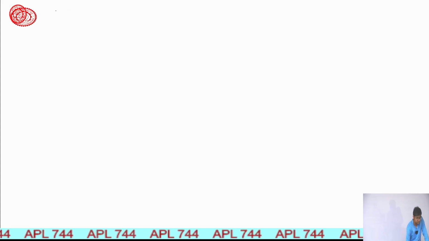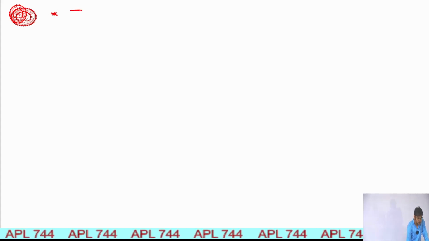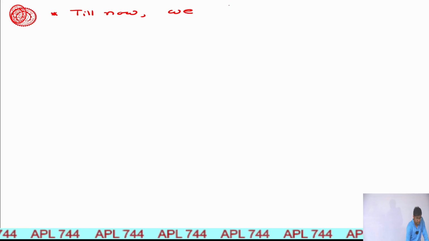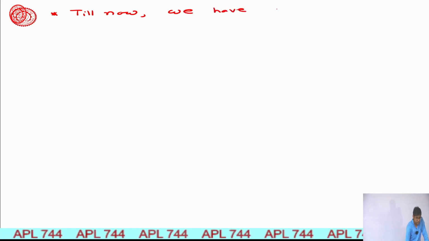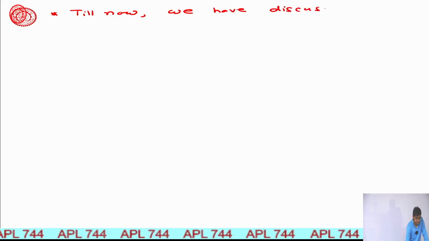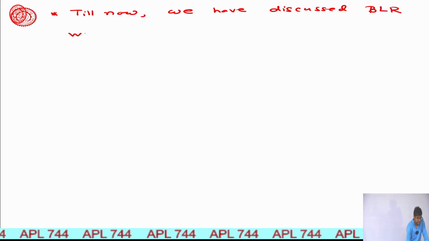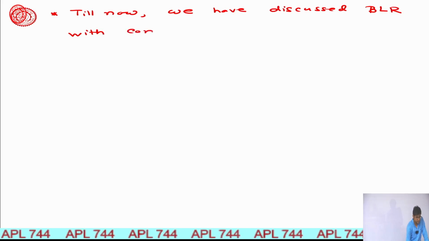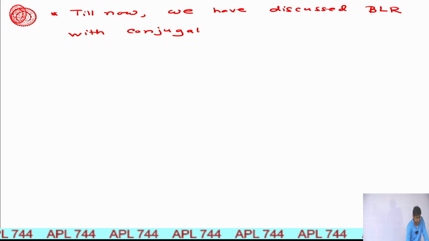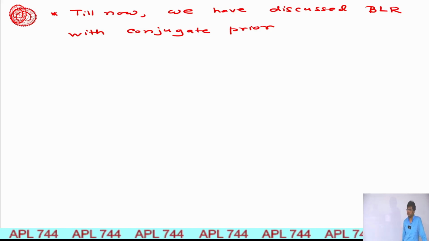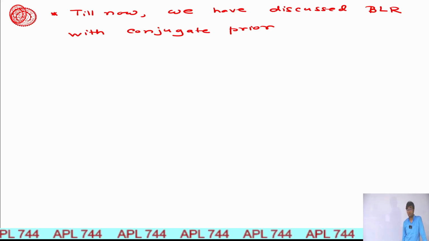So till now we have discussed Bayesian linear regression with conjugate prior, right? And because of conjugate prior, we were able to get closed form solutions, closed form of the posterior, closed form of the predictive distribution, right?